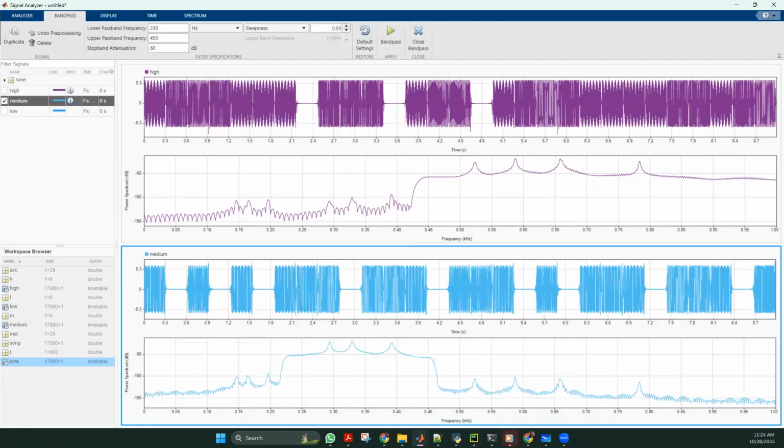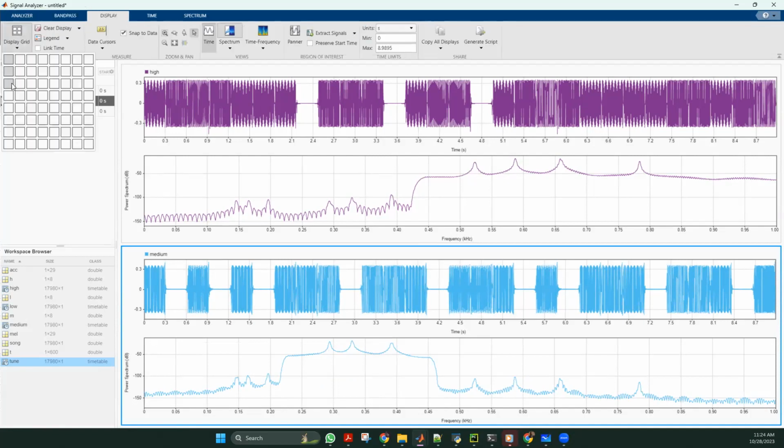So I hope you can see the band pass filter has frequencies from 230 hertz up to 450 hertz. The respective audio signal is in the top plot in blue color.